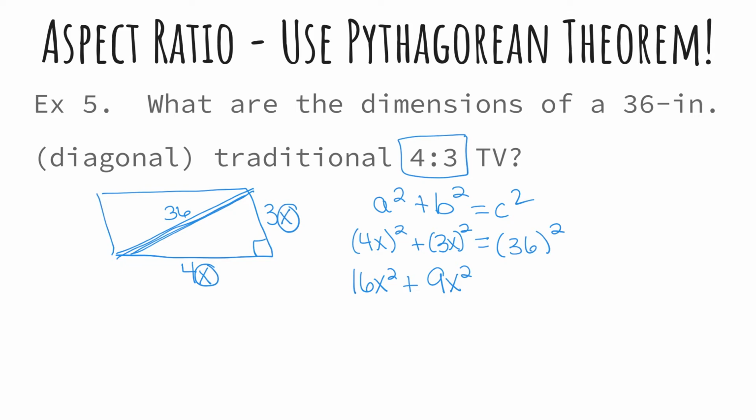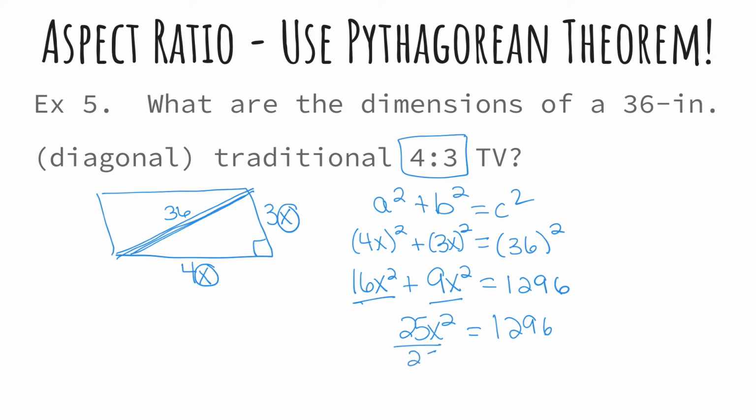36 squared is 1,296. So if I'm solving for x, we need to find out what x is so that we can figure out the true dimensions of this TV. 16x squared plus 9x squared gives you 25x squared, and that equals 1,296.